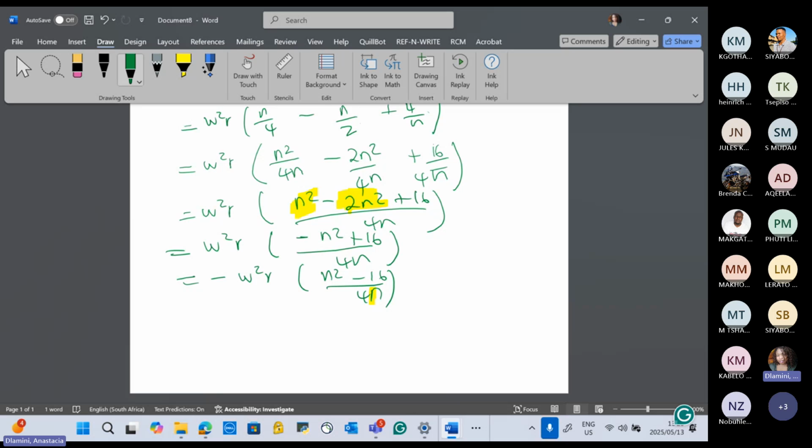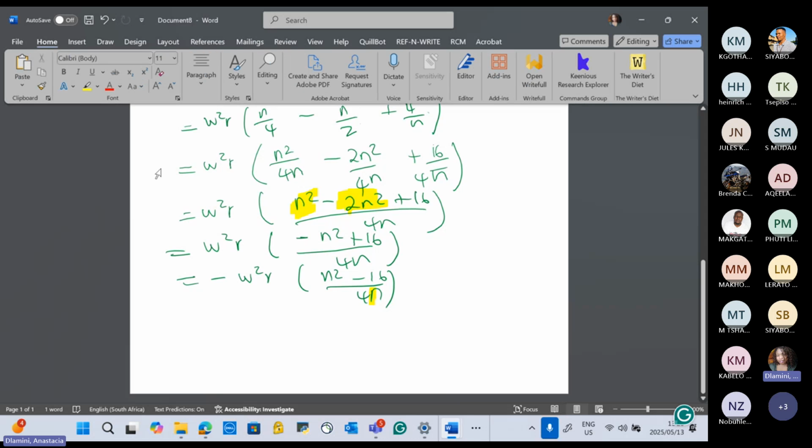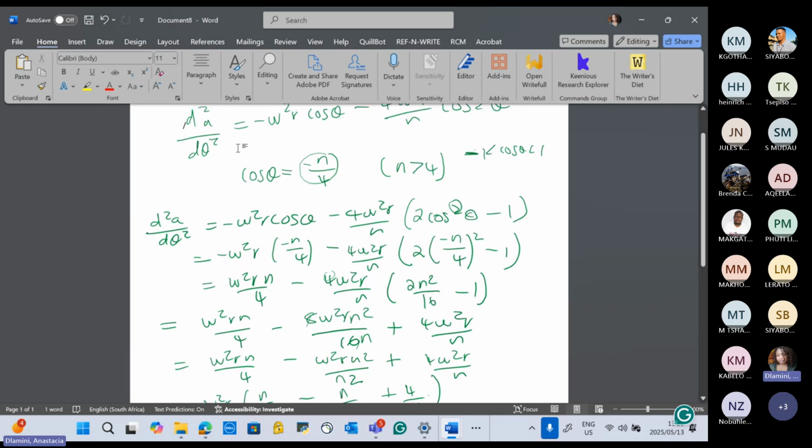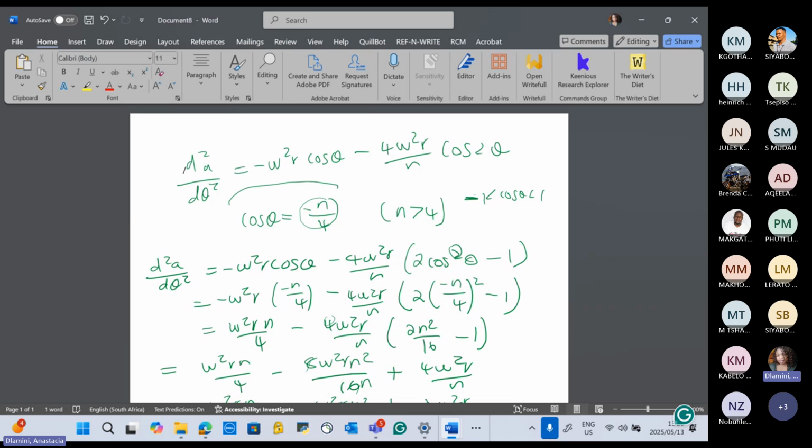So if I choose n equals 4, what happens? Then it will be negative, ma'am. Let's go back to the top part. If I choose n equals 4, what happens here? Let's start there. It's negative 1. And what is the cos of negative 1?